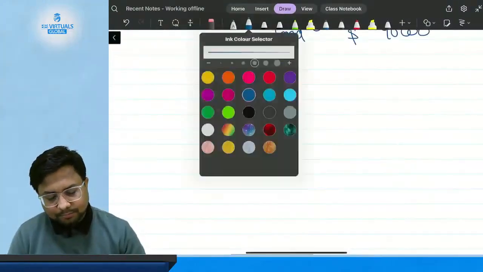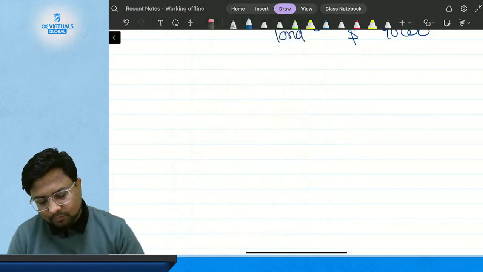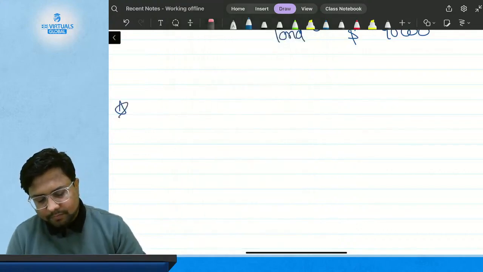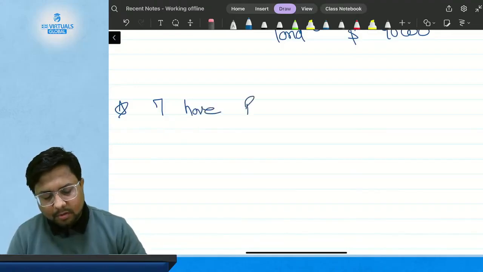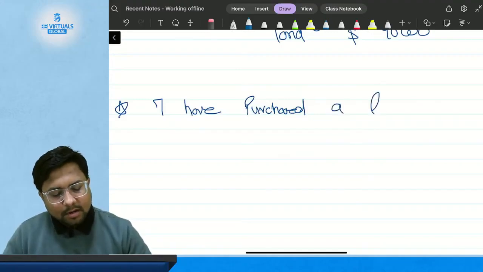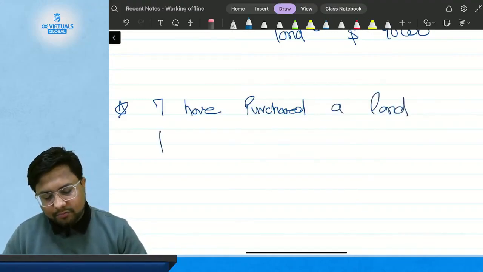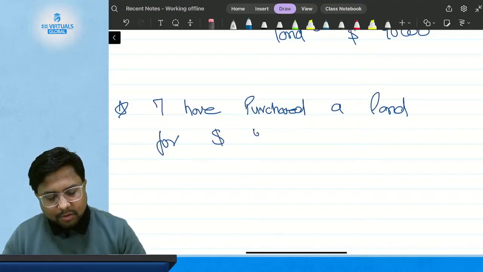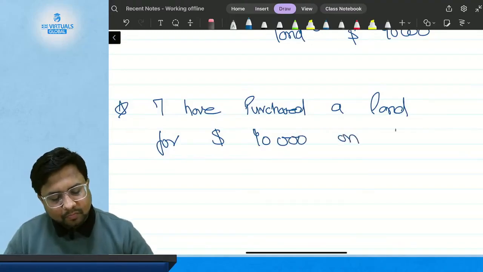Suppose I have purchased a land for $10,000 on 1st of January 2026.